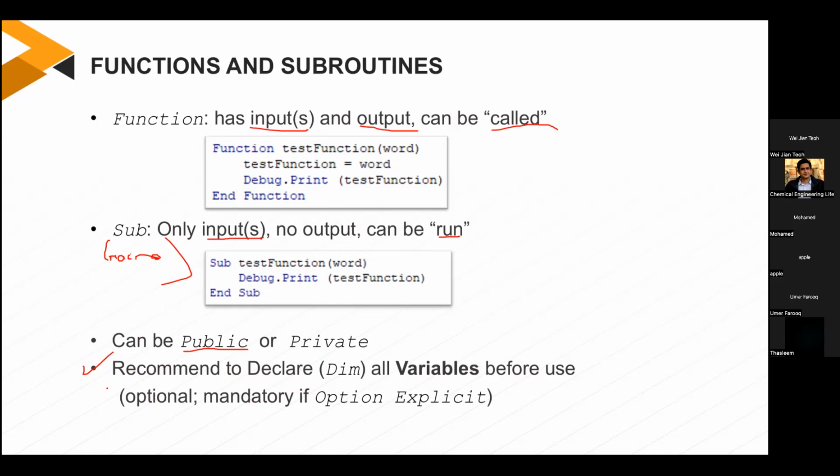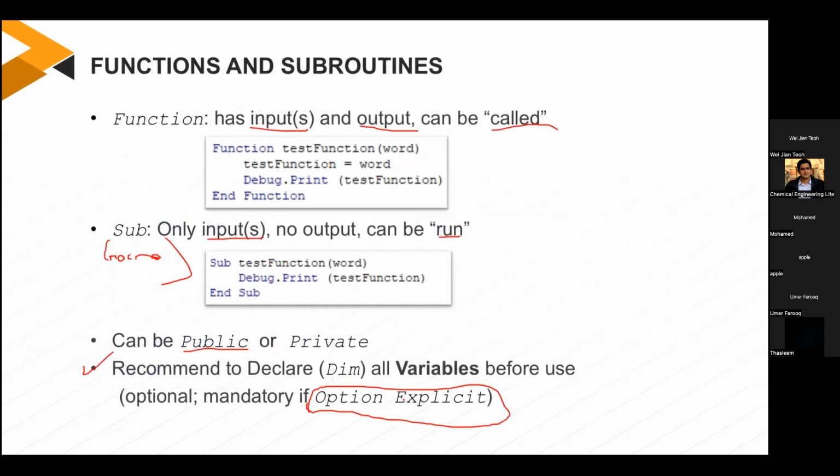Otherwise, you might have issues after a few days of using it, and then you realize that you have forgotten to declare this variable. It's also possible to set an option called Option Explicit, which will force you to declare all variables before you use them. Usually I don't do that for convenience reasons, but it's something you can remember if you want to use it, right?